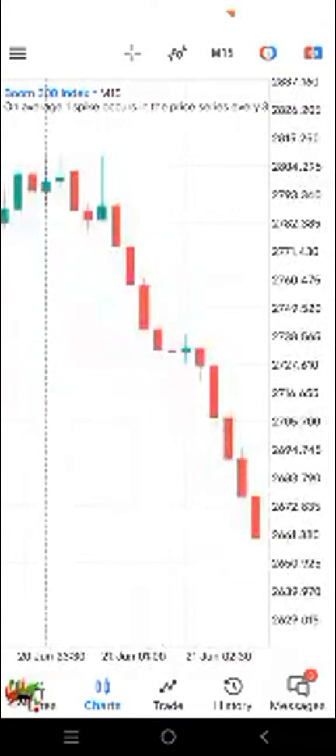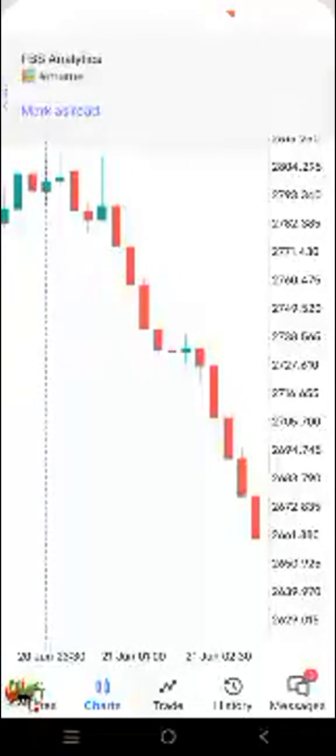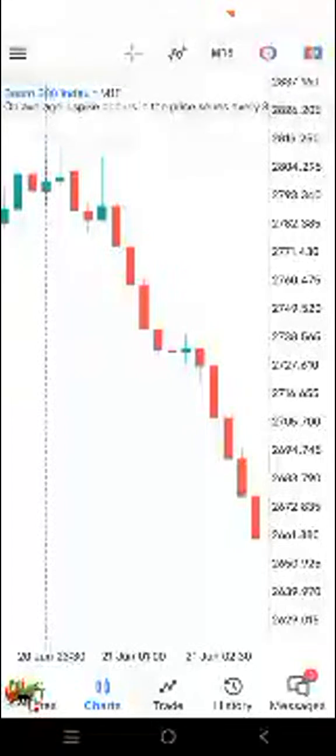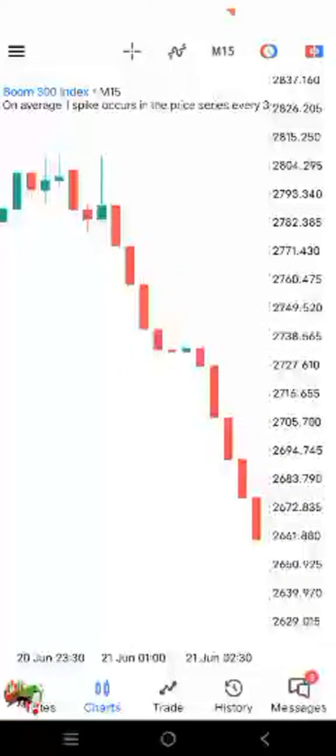Check it out, guys. Can someone tell me where is the hammer candle? And which one is the good one? Can someone explain?